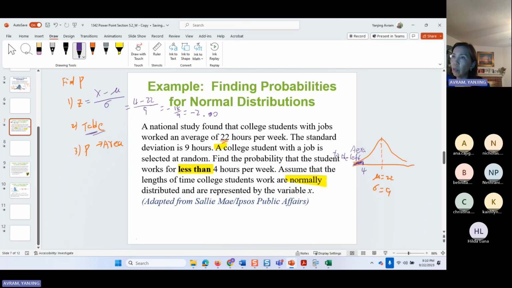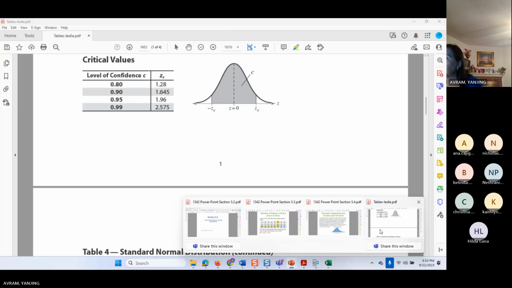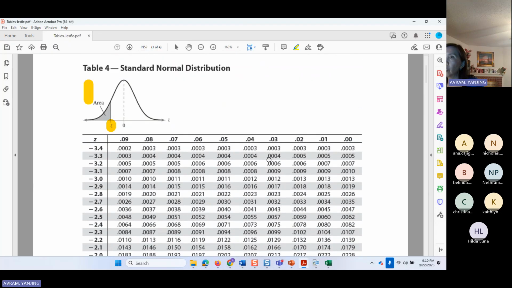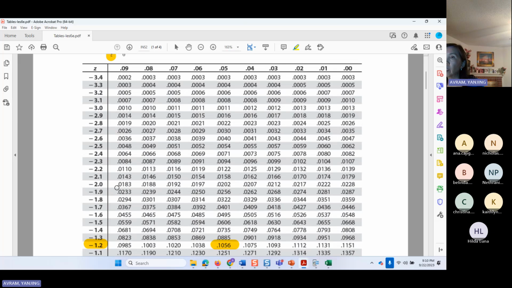So now I go to read the table. My z-score here is negative 2, or negative 2.00. I have an area to the left, so when I read the table, that will be the area to the left, the probability that x will be less than 4. Let's see what we get. Negative 2.00 is right here. Look at that, this kind of changes.